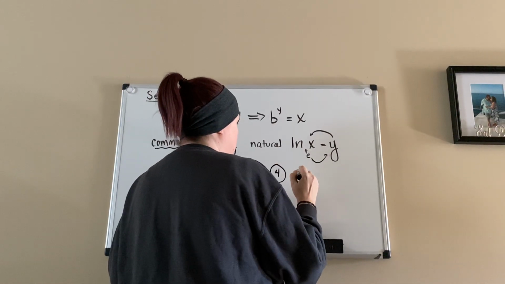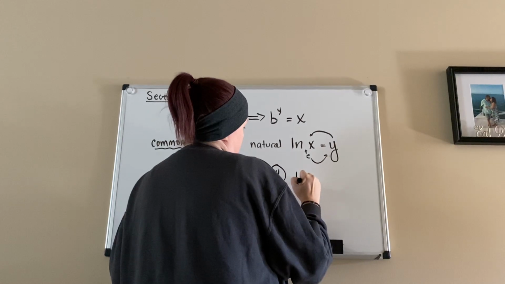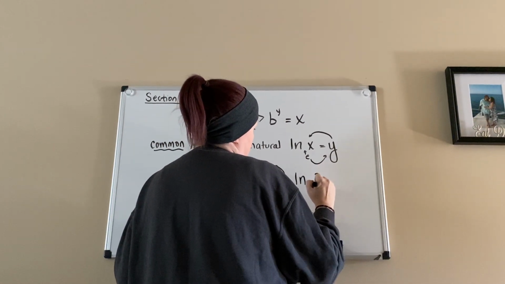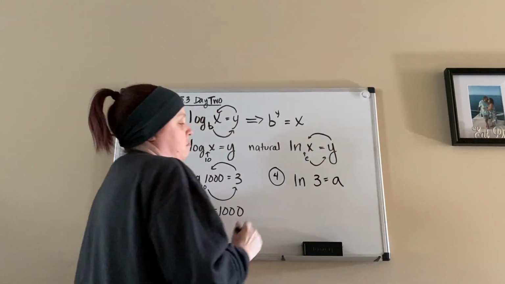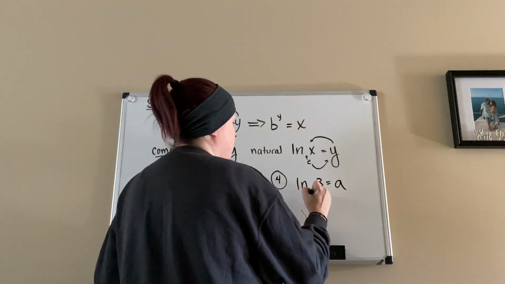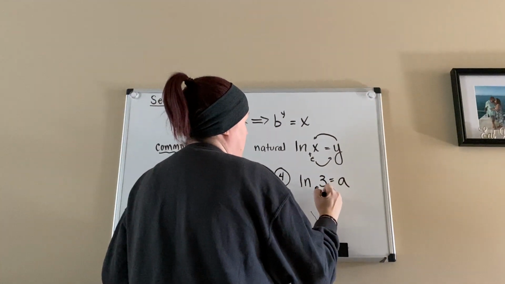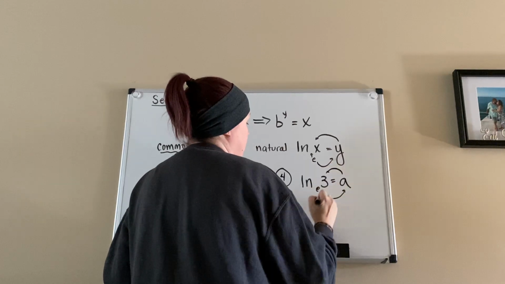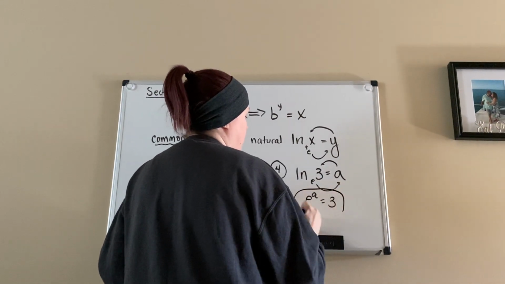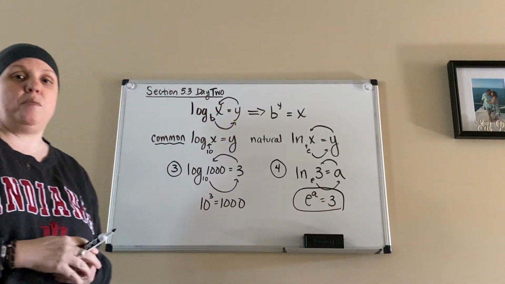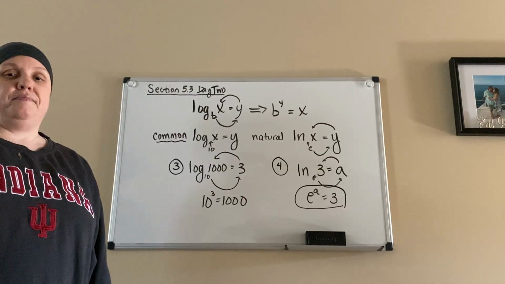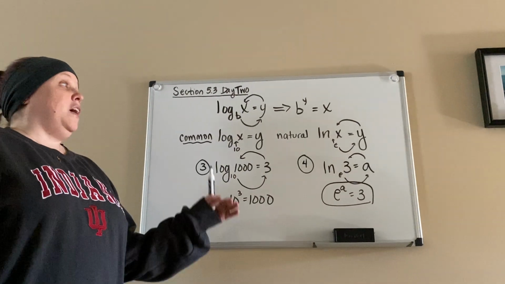So if I do ln of 3 equals a, I'm just making stuff up, I would go, oh look, that's got the invisible e. So we have the invisible e down here, and then I go around the circle. So I would say e to the a equals 3. And that is the exponential form of an ln using e.